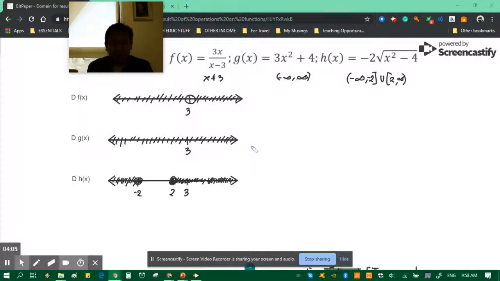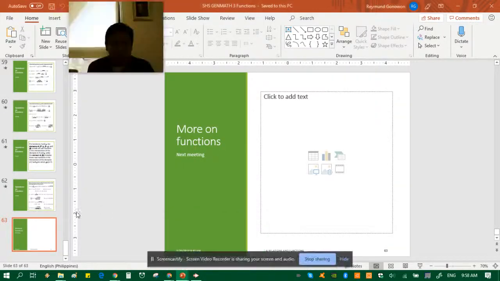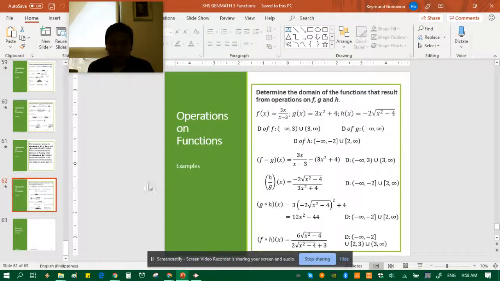So if we go back to the slide earlier, let's consider the function f minus g. Then we have h over g. Then we have g of h and f of h. Let's take note of these functions.